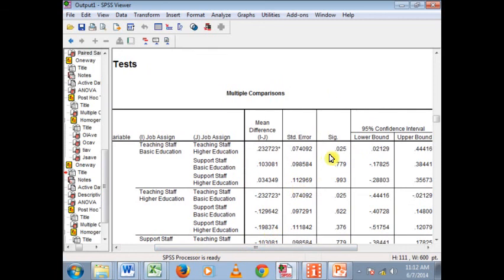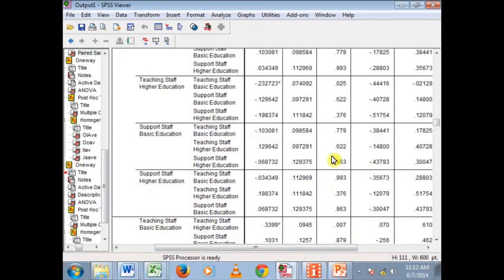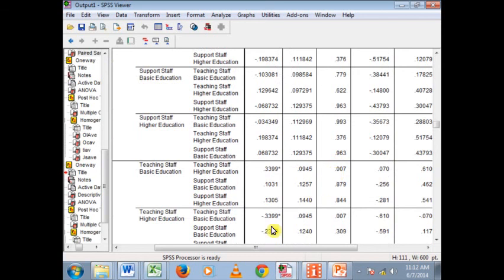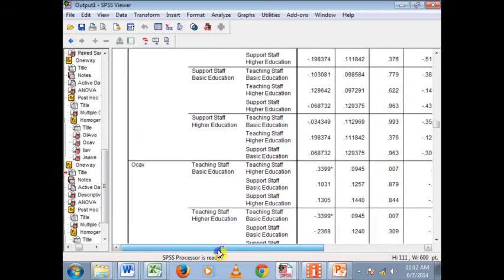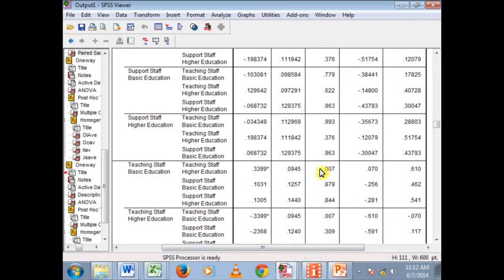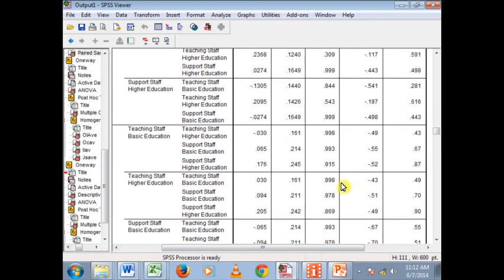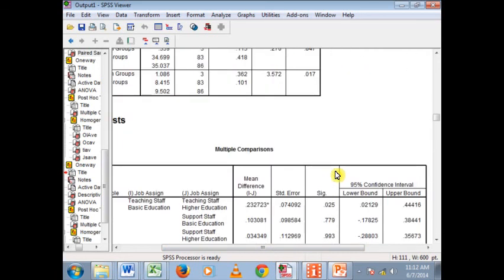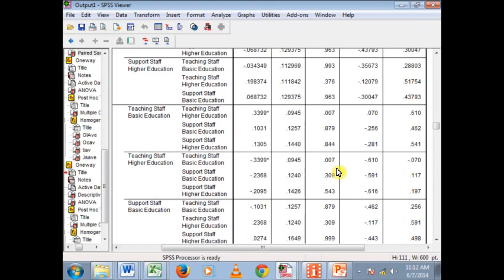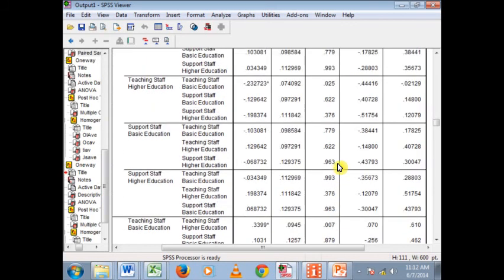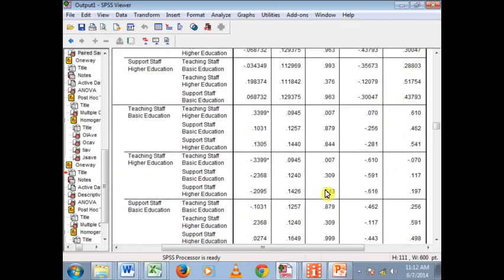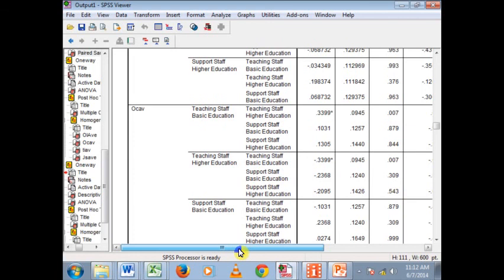0.025 here. Another one is 0.007 for organizational commitment, okay? And 0.007, this is the significance levels, right? For organizational commitment and organizational identity.